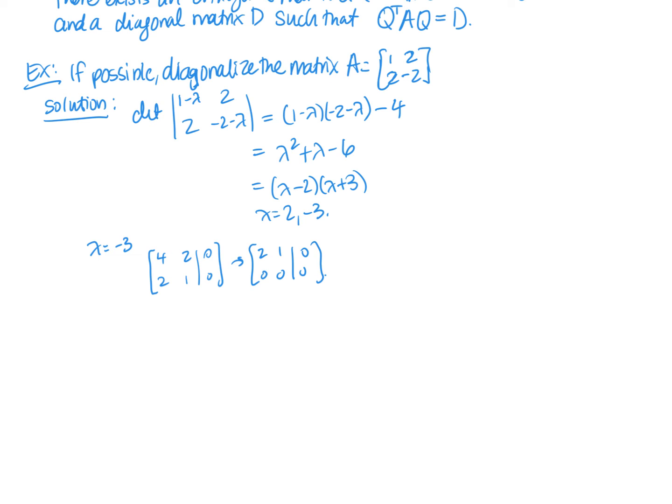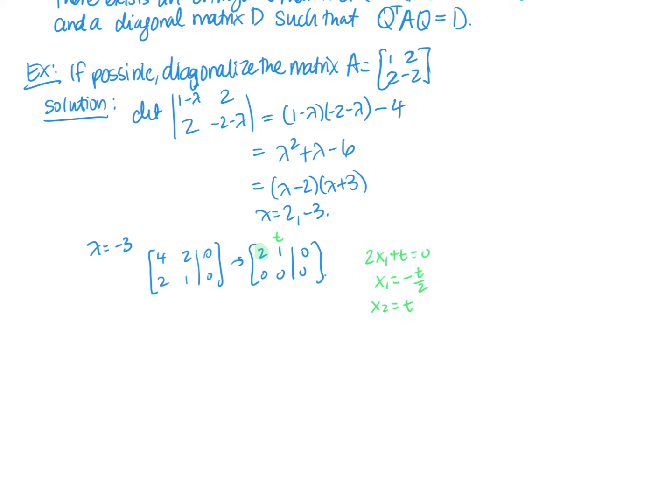Here is my pivot, and this is my free variable, so 2x1 plus t equals 0, so x1 is equal to negative t over 2, and x2 is equal to t.